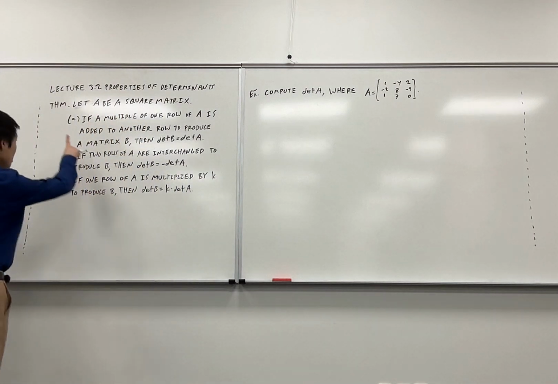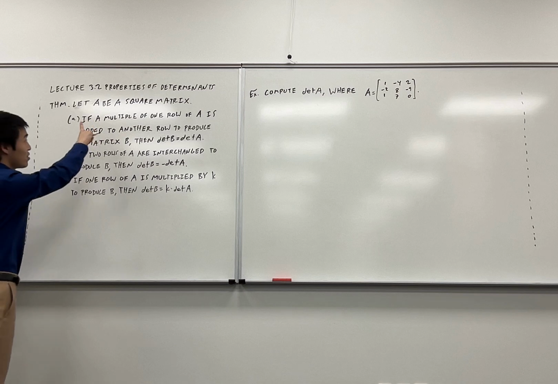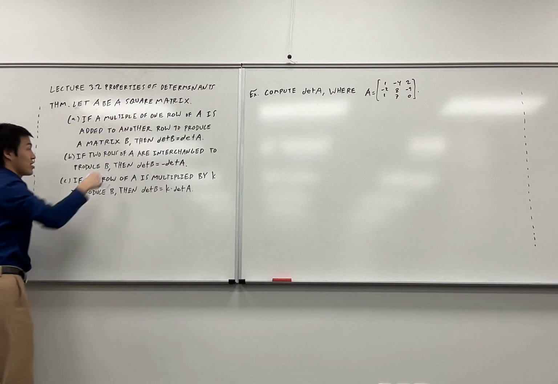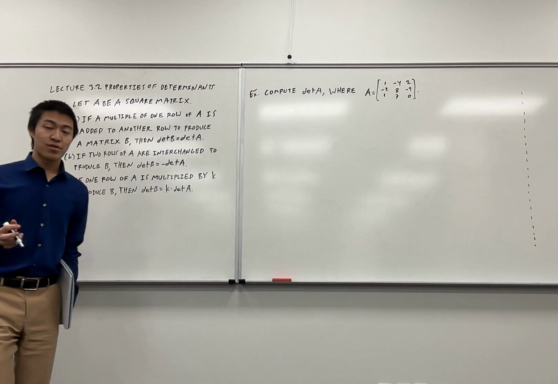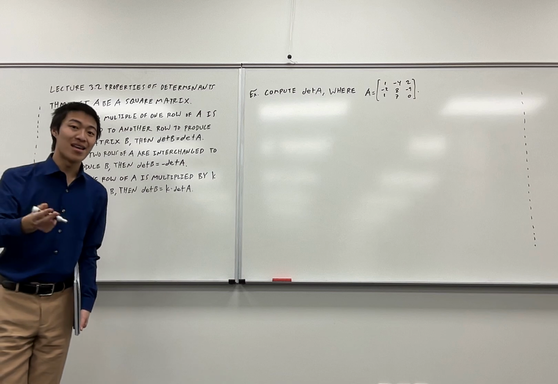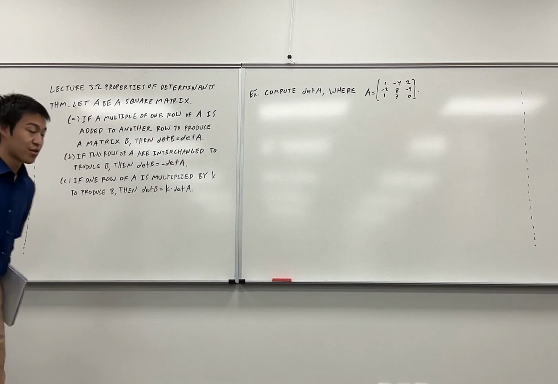So the theorem here is, let A be a square matrix. As we found with 3.1, we need n by n matrices if we're going to compute a determinant.